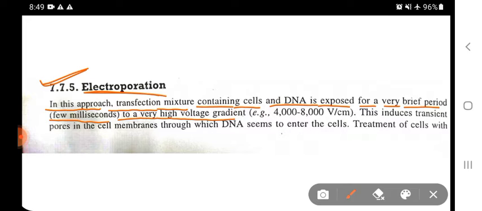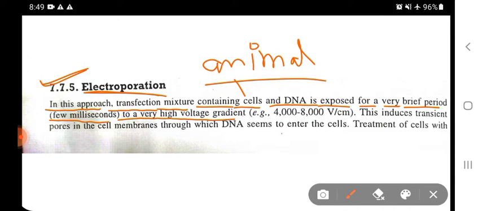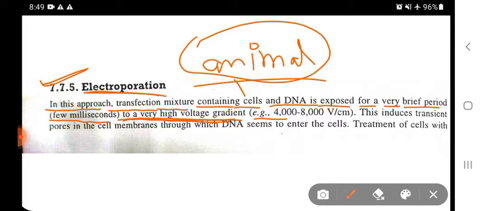That buffer solution consists of the desirable DNA to be integrated into the target animal cells, and the target cells. Here the target cells are the animal cells. They are exposed to a very high voltage gradient, about 4000 to 8000 volt per centimeter, for a few milliseconds.